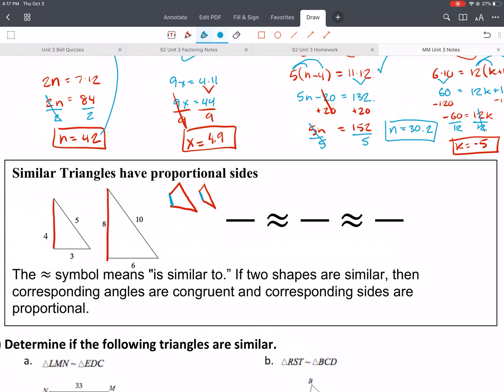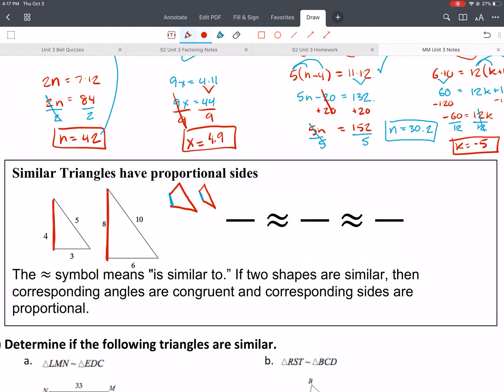If we look at this triangle that I marked as red, these would be corresponding sides. Oftentimes, if they don't tell us what the corresponding sides are, then we can infer them.